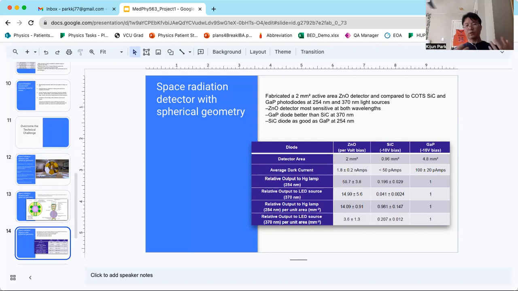A couple of them are enhanced, while the other is lower and more constant. They try a zinc oxide diode basis to produce better output compared to the silicon and gallium cases. The other case is about wavelengths, where the sensitivity is quite different, so you have to choose which one is better.